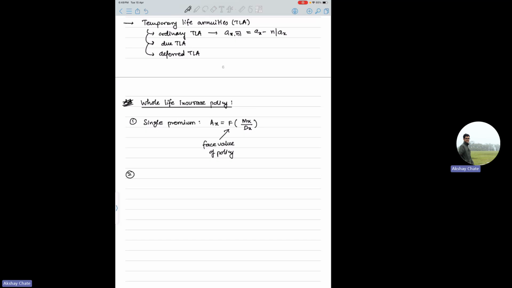But in some cases, you are not able to pay the full premium upfront because it will be huge for you. So in that case, you pay the premium annually, with some interest. So that is fine. So we basically broke the single premium into annual payments. Okay. And how do you do that? You basically write this AX as PX into A double dot X. What is A double dot X?